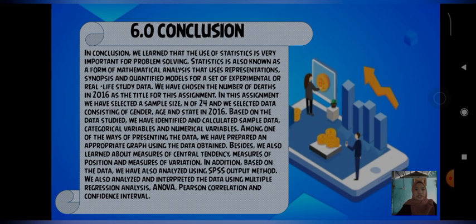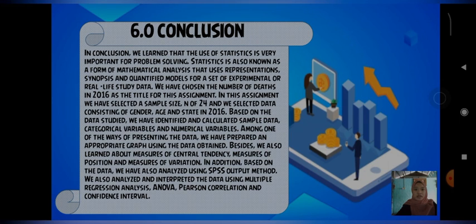In conclusion, we learned that the use of statistics is very important for problem solving. Statistics is also known as a form of mathematical analysis that uses representations, synopsis, and quantified models for a set of experimental or real-life study data. We have chosen the number of deaths in 2016 as the title for this assignment.